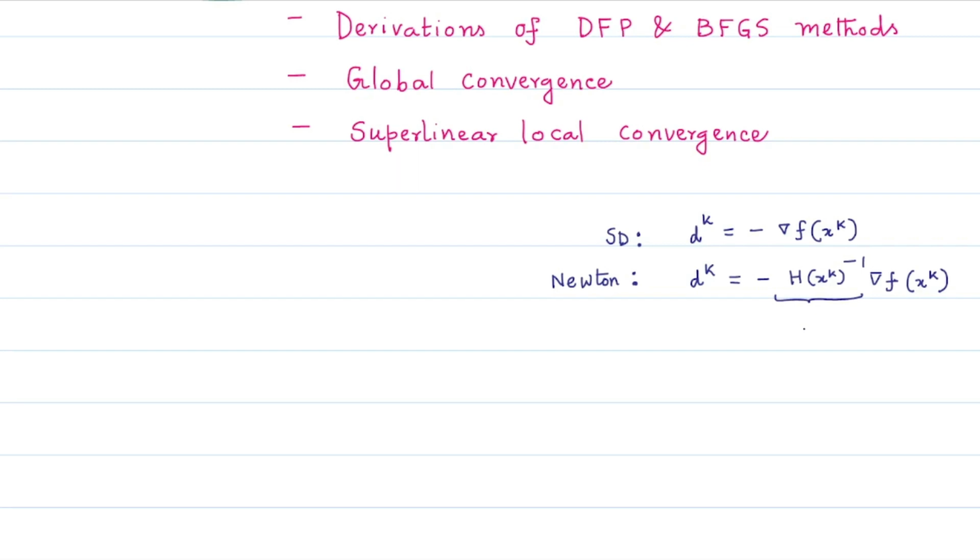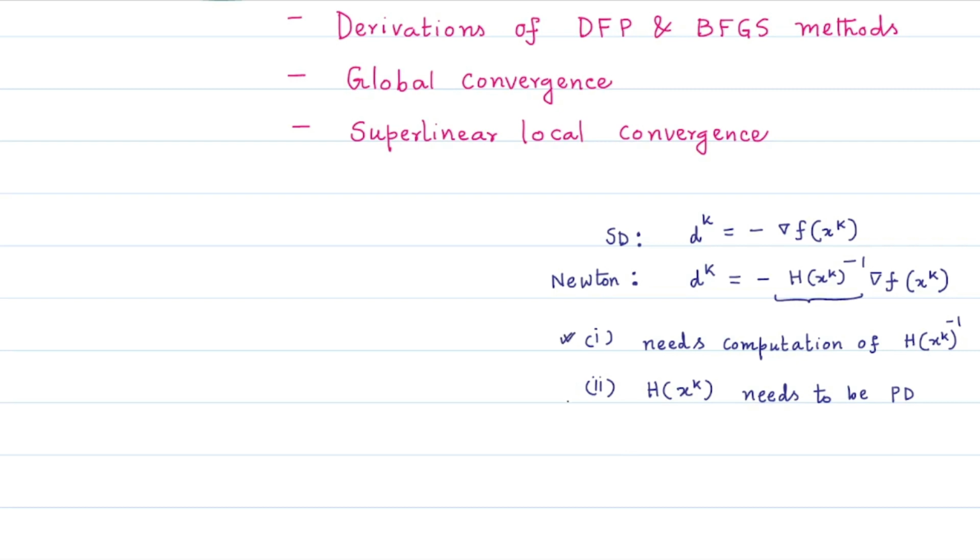So although Newton's method is a fast method, it has the crucial drawbacks that it needs computation of the inverse Hessian, the Hessian or the inverse Hessian needs to be positive definite, and even if these two conditions are satisfied, the Newton method has local convergence.